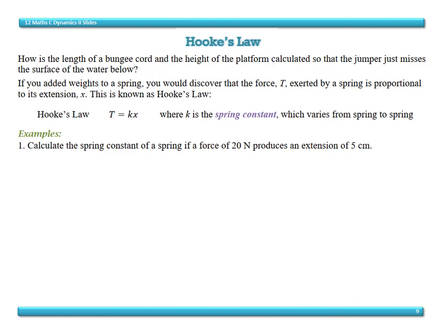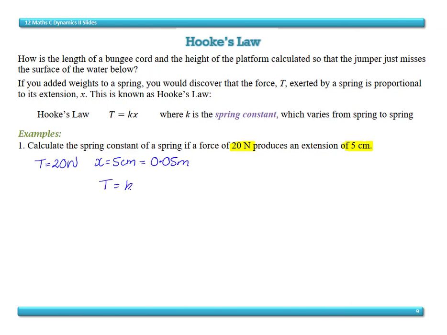So if we look at an example, calculate the spring constant of a spring if a force of 20 newtons produces an extension of 5 centimeters. The first thing, we write down our information. Our force, or tension, is 20 newtons, and our x value is 5 centimeters, but we need that in meters, so 0.05 meters.